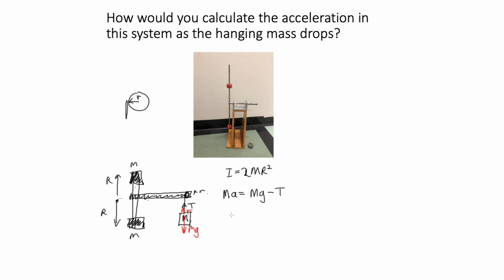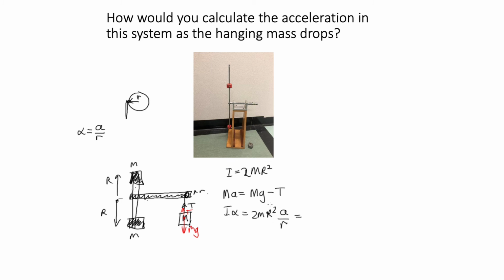So we can use Newton's second law for rotation to write I alpha, where I is 2mR squared, and then we've got the angular acceleration, alpha, which is equal to the tangential acceleration at this point, a, over little r.